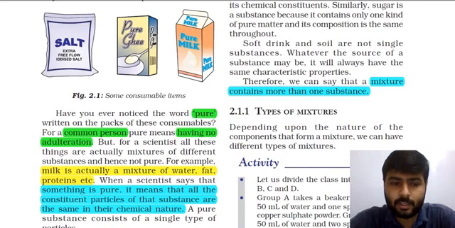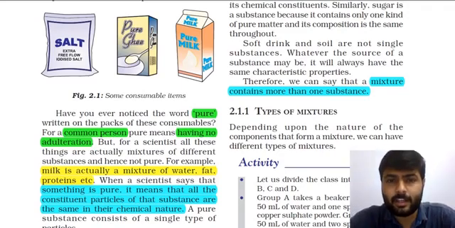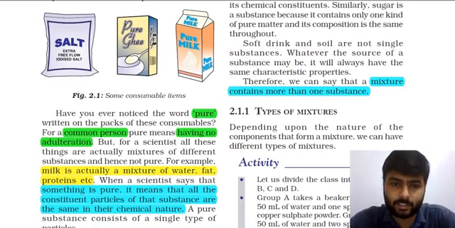So mixing water in milk is adulteration. Mixing of vegetable ghee in pure ghee is adulteration. Any addition which is not appropriate or that lowers the quality of the product, we call adulteration.